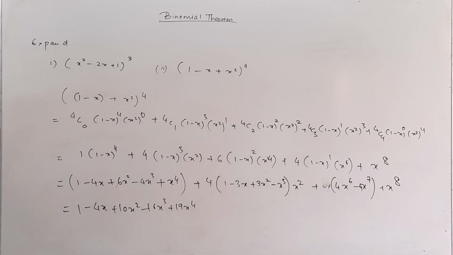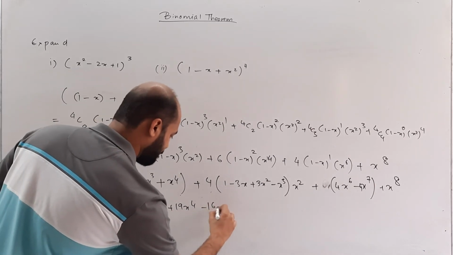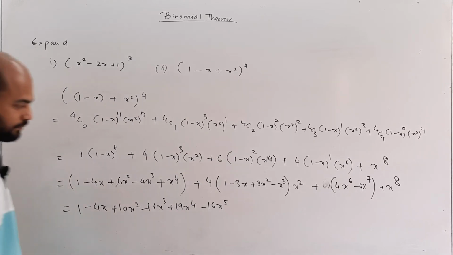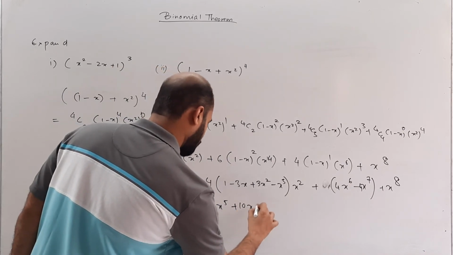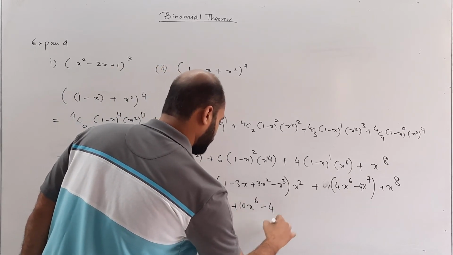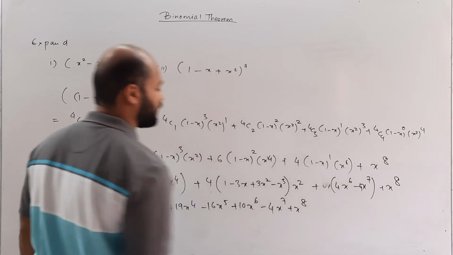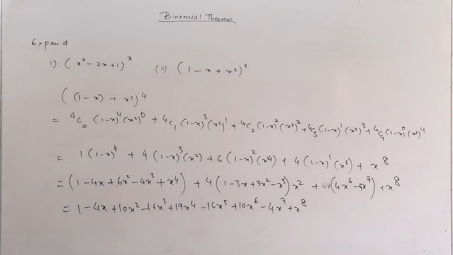Minus 16x raised to 5. So this is the final expression that you are supposed to get after adding all of the terms. So the concept is, if there are 3 terms, then we have to take 2 at a time and then carry out the expansion.